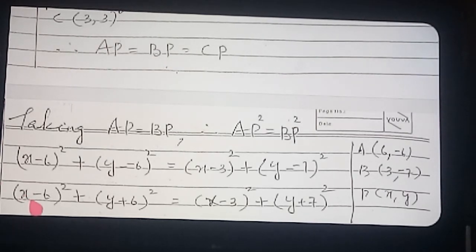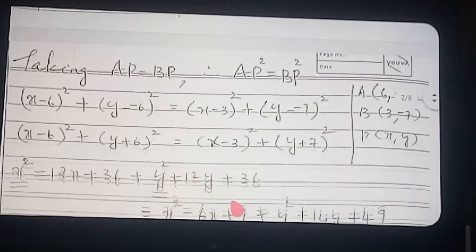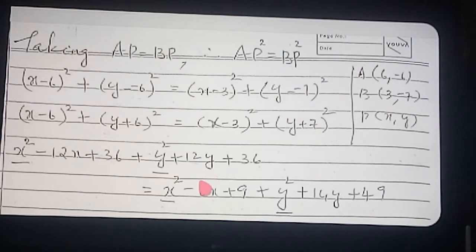Now what you will do, you simplify this by applying the (a plus b) the whole square formula. Simplify all of you fast. Applying the a square minus 2ab plus b square formula, we get x square minus 12x plus 36, here y square plus 12y plus 36.